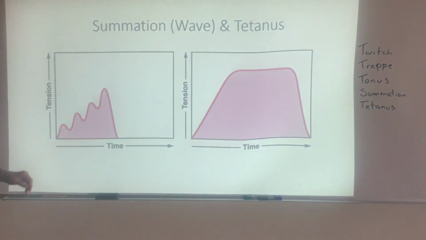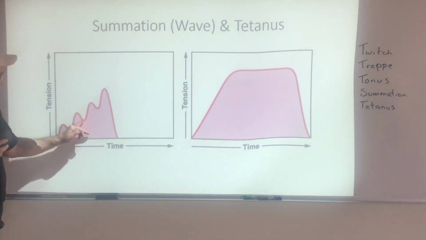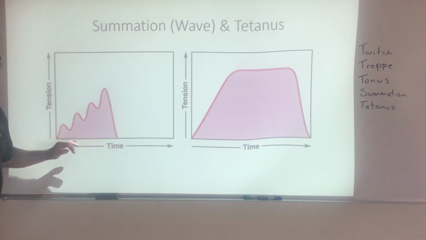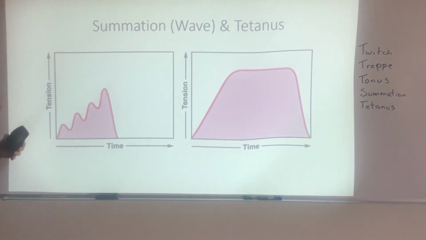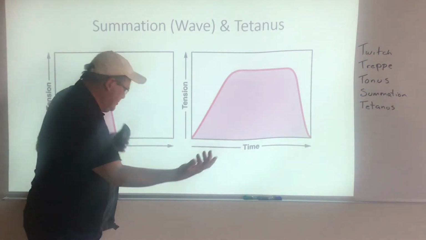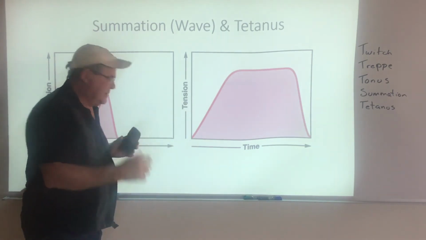Ignore the thing on the right for a minute. If you notice, the tension doesn't go all the way down to zero before you get hit again. So this is a super tiny look at it. On the right-hand side, for me to do this, I'm going through summation.